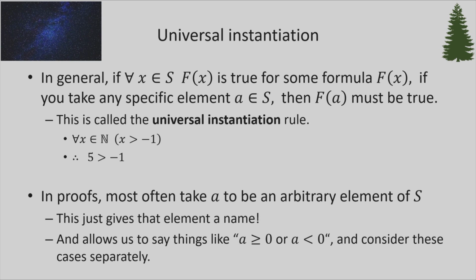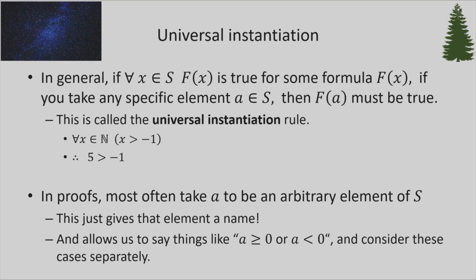For the existential instantiation, we were giving it a name saying, well, the quantifier tells me that such a thing exists. I don't know what it is, so I call it a k. Here, we are allowed to put any element of S. Or we could also put a name, or we could put a specific element of S, because if it's true everywhere, well, it must be true for any specific element.